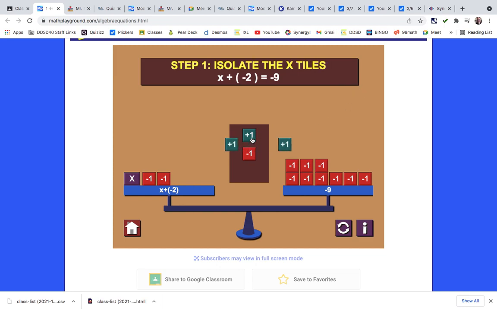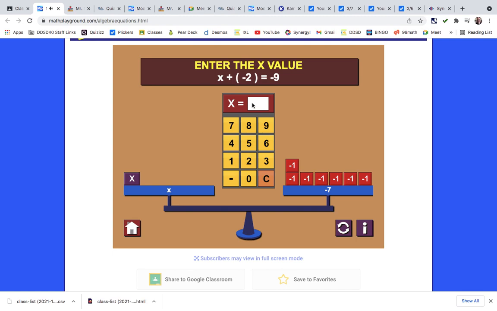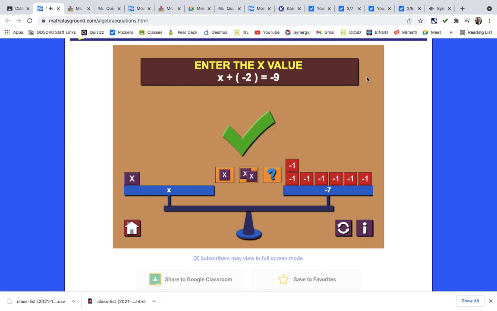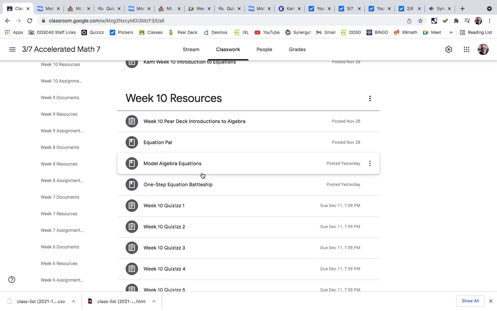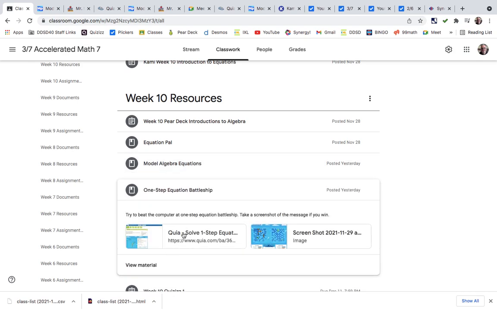And we're going to do this until it's all by itself. Oops, negative 7. There we go.